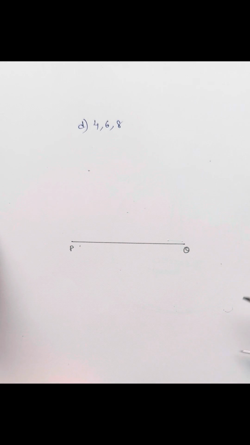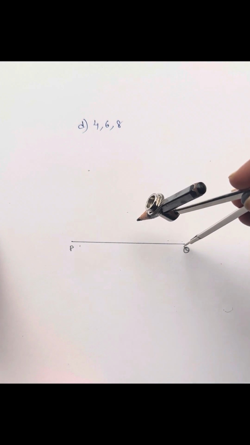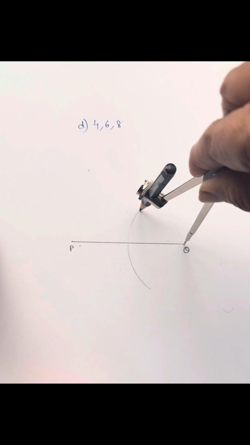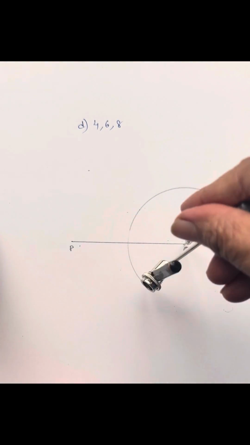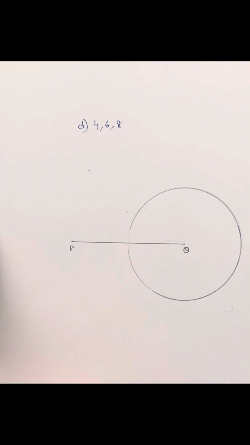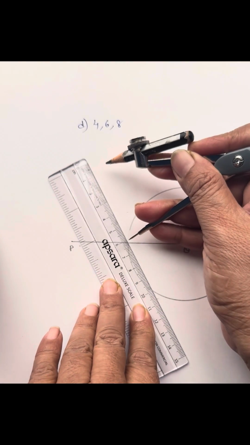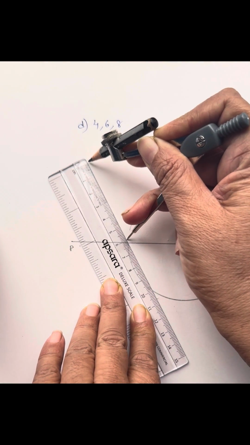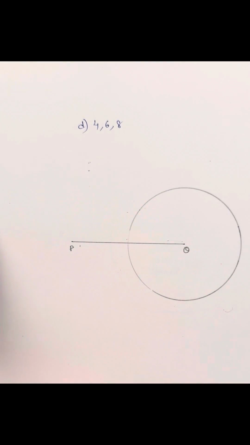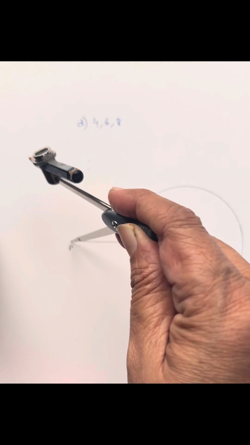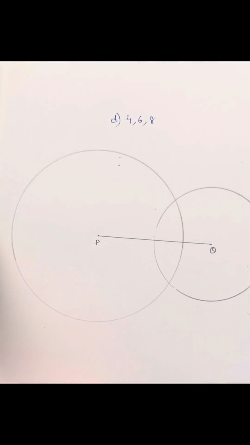So we take first Q as a center. Then we measure 6 centimeter with the help of compass and ruler, and then take P as a center and draw a circle, right?